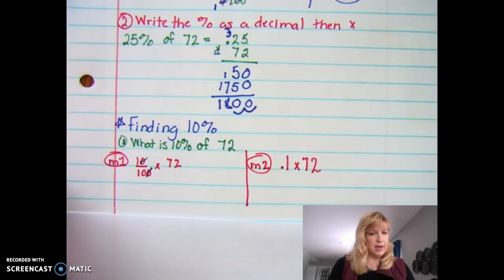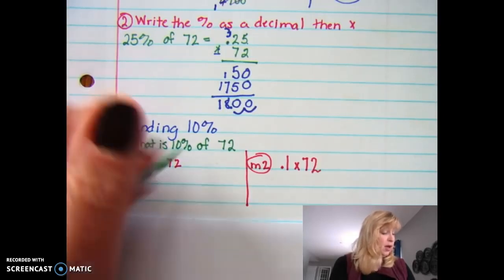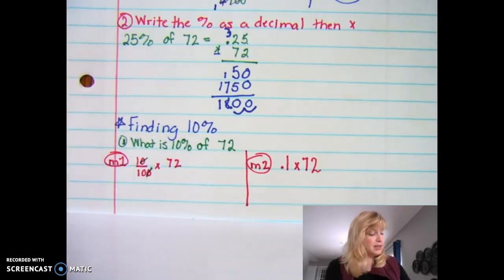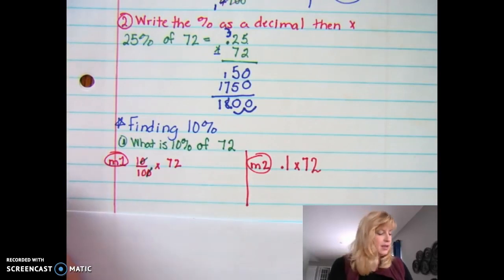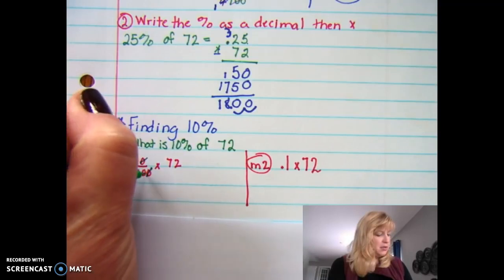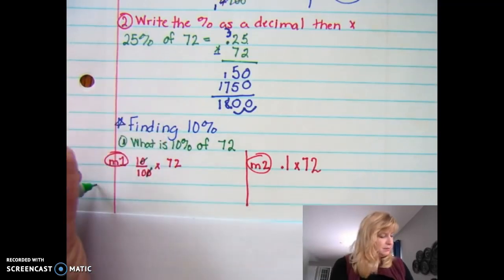So if we were to multiply this out, what would we end up getting? Let's do the arithmetic here. First of all, let's look at what is 72 divided by 2 so we can cross reduce.